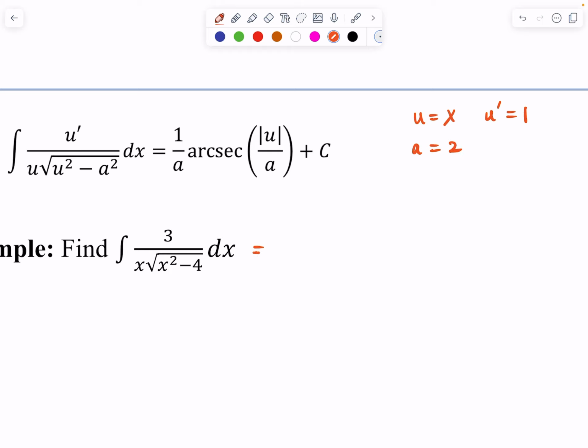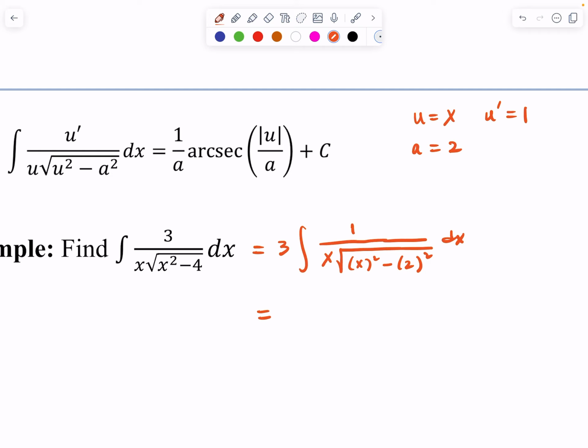Okay, so that 3 can get pulled out front. We would have 1 over u is x, okay, times the square root of x squared minus 2 squared dx.